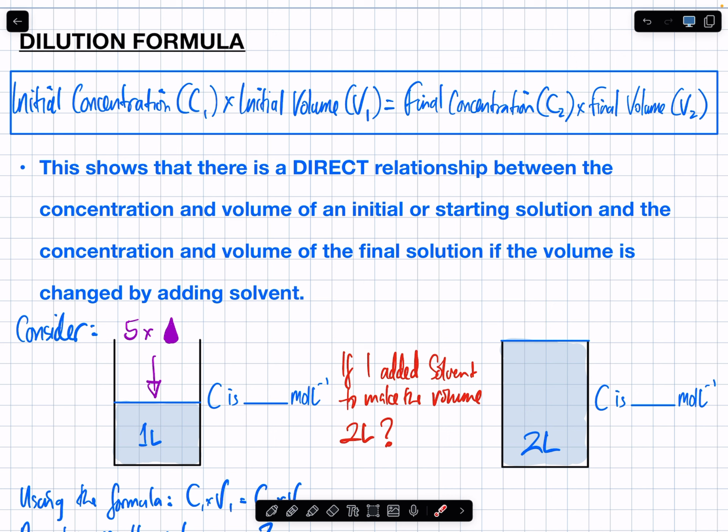Why is this useful? It shows that there is a direct relationship between the concentration and volume of the starting solution and the concentration and volume of the final solution if I change the volume by adding a solvent. You're not adding the blue stuff. We're talking about adding the clear, the water, okay?